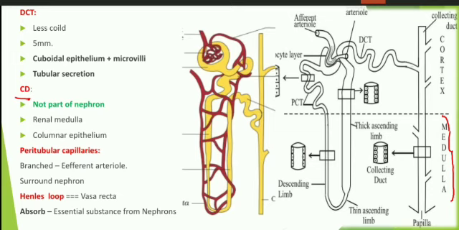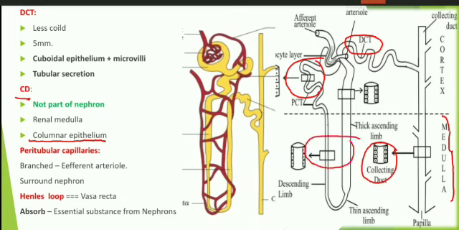Next, the collecting duct is made up of columnar epithelial tissue. You have noticed that the DCT, PCT as well as Henle's loop are generally made up of cuboidal epithelial cells, but the collecting duct is made up of columnar epithelial cells. This is the one major difference between these two tubes.